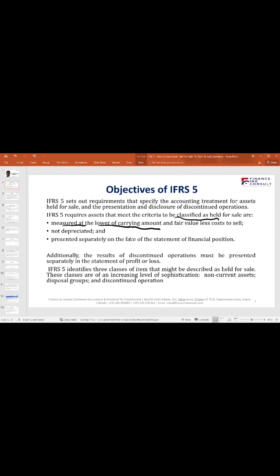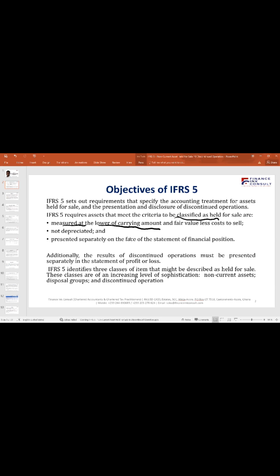So non-current asset held for sale simply refers to the asset we are using as a business, and now we don't want to use it again. We just want to sell it. Now we don't want to add it to our inventories, as that would look like IAS 2.